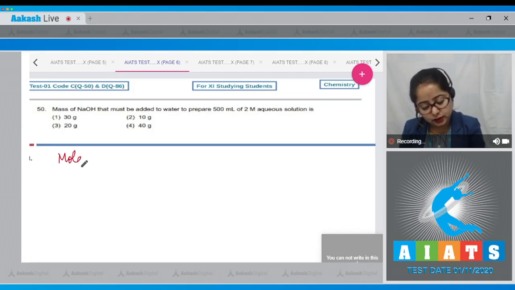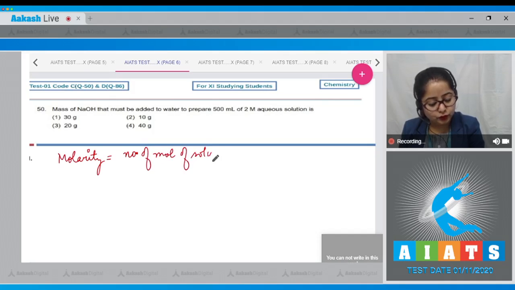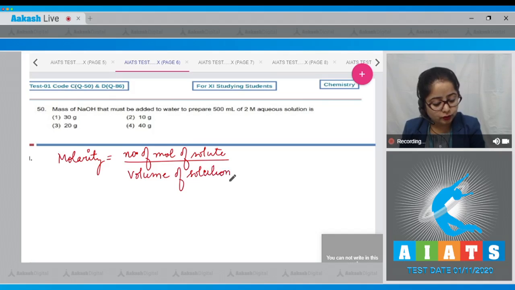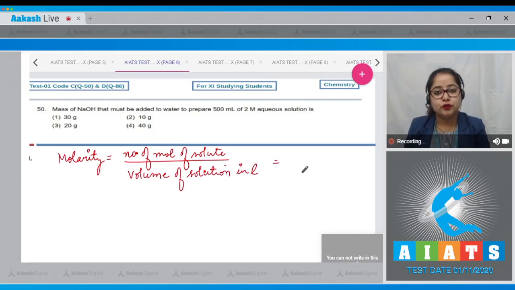So molarity is equals to number of moles of solute upon volume of solution in liter. And the formula to calculate number of moles of solute is given mass of solute upon molar mass of solute, and then in denominator we have volume of solution. But if the volume of solution is given in ml, we have to divide this by 1000. So 1000 will go in the numerator.